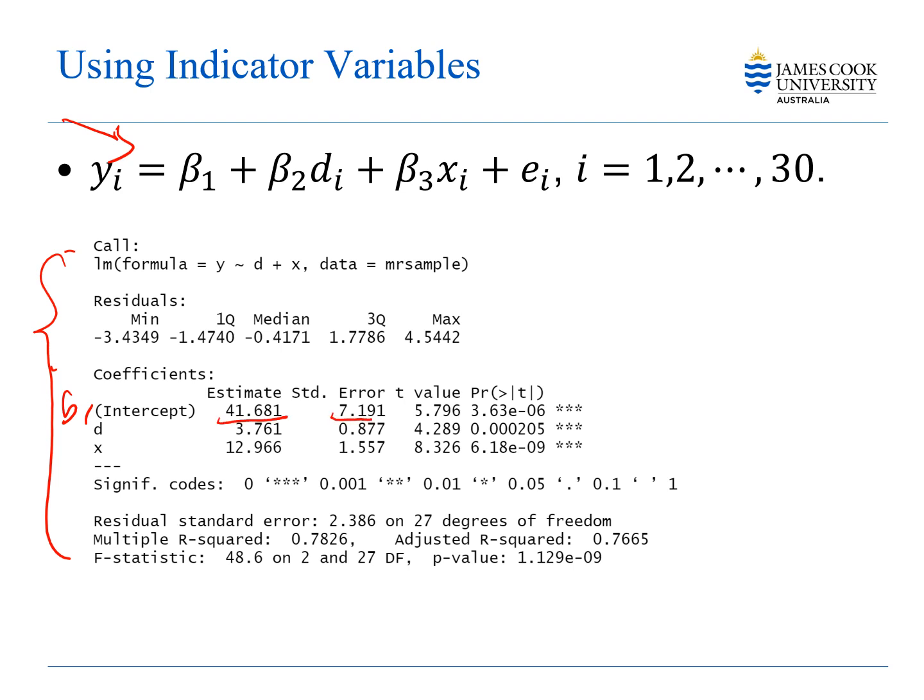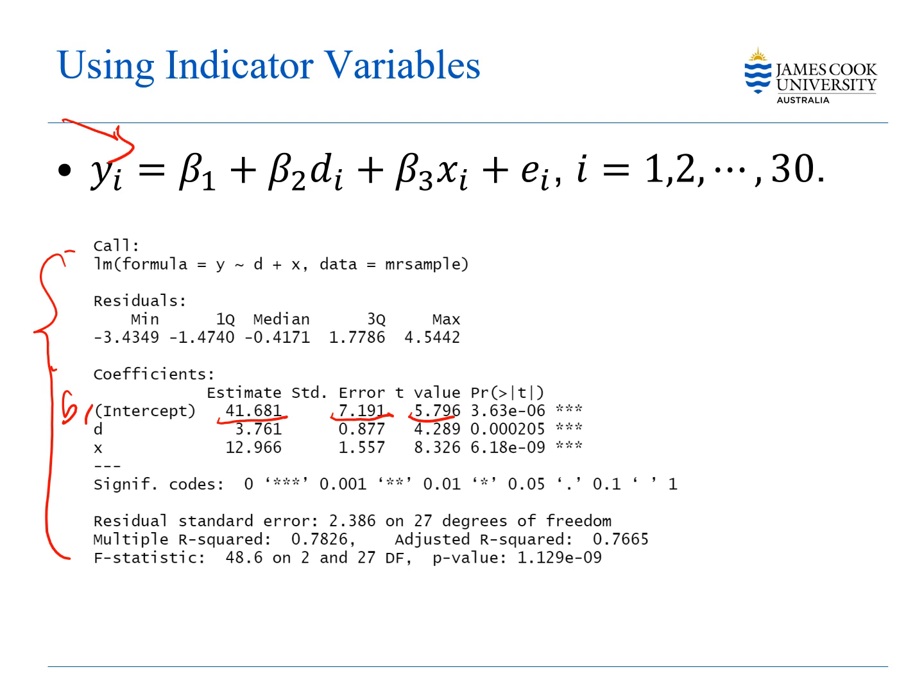The standard error estimate, the standard deviation, is 7.191. The t value, which is 41.681 divided by 7.191, is 5.796. And you can test whether beta 1 is equal to 0 or not.